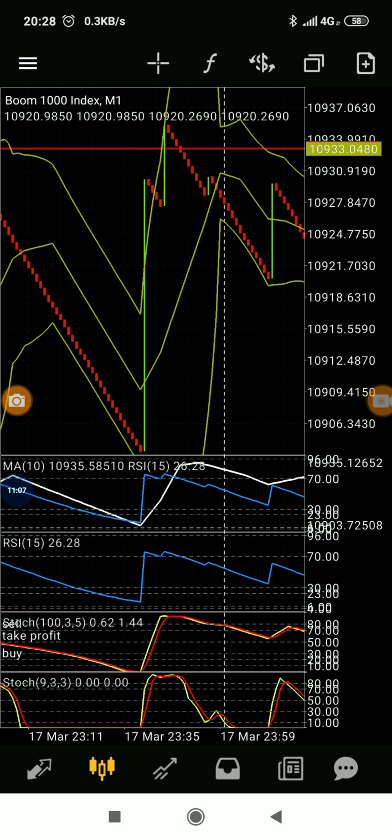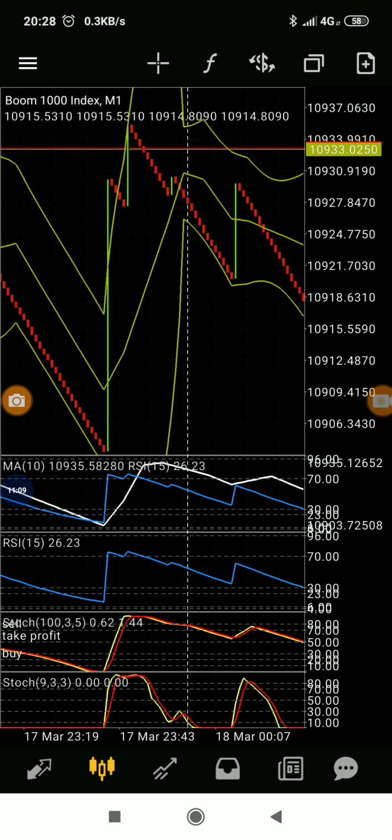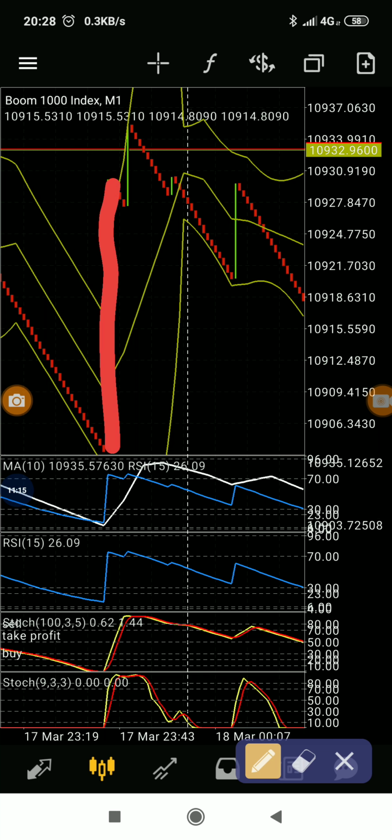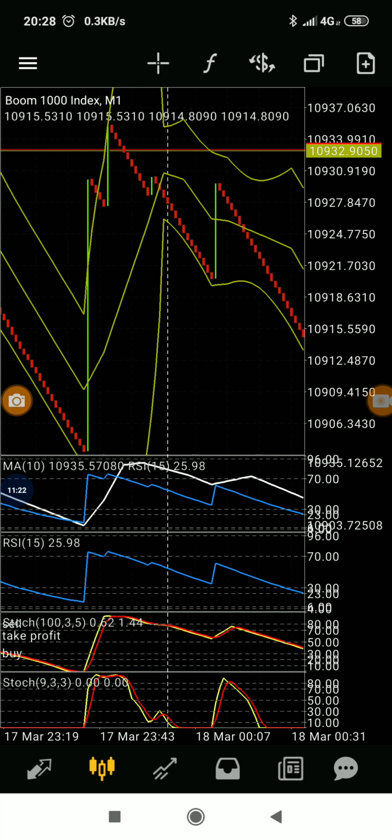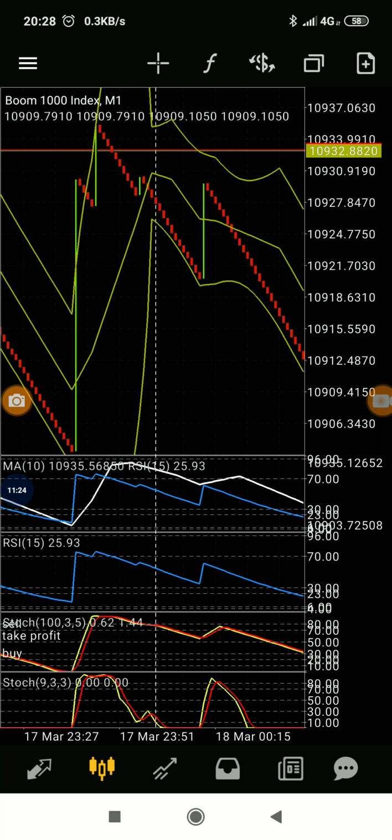Guys, understand me? When you see the Bollinger Band going up like this, like a horizontal line, and up here is cutting, it indicates that the downtrend is about to start.